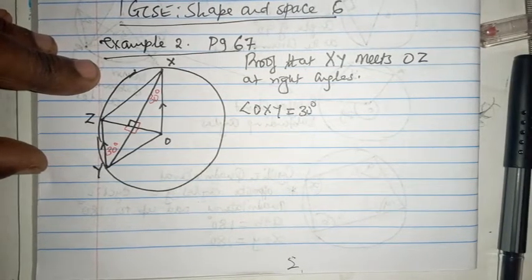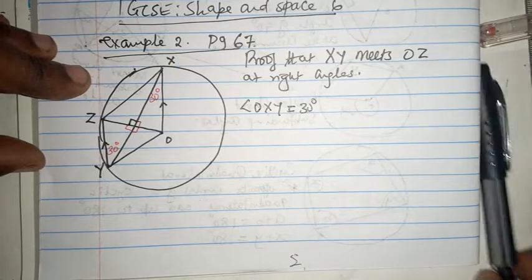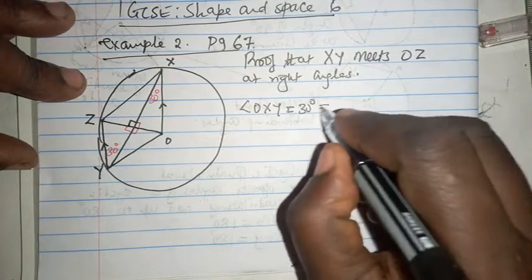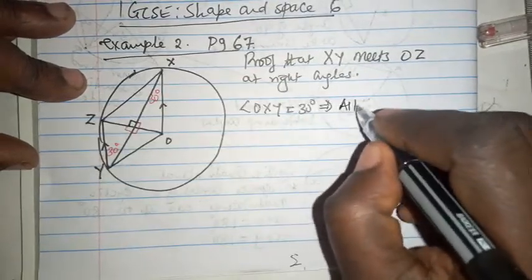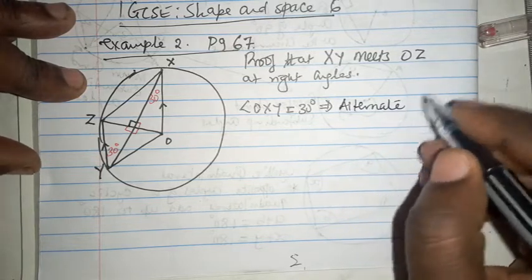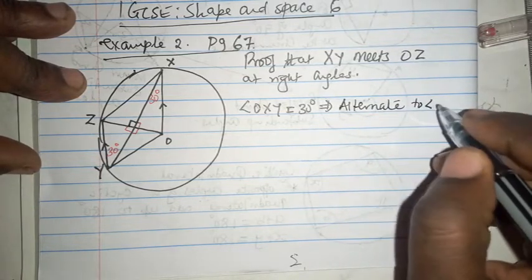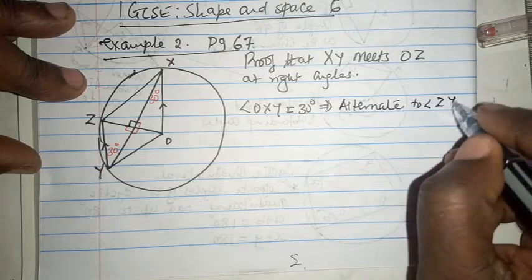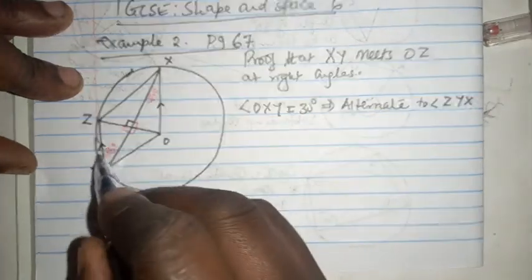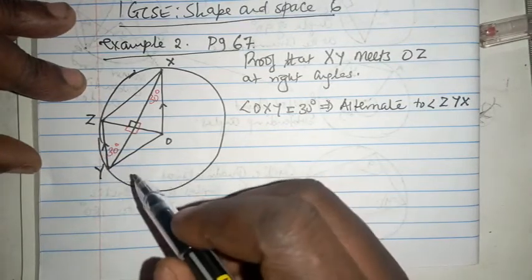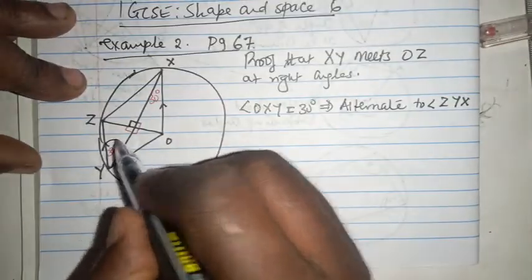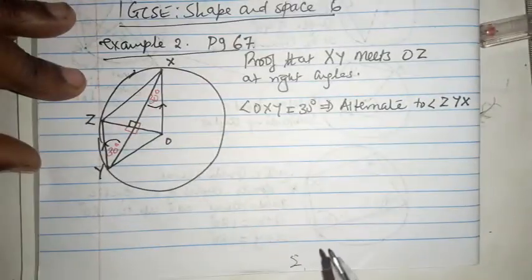Because they are alternate. The reason is it alternates to angle ZYX. Angle ZYX, the angle which is given 30 degrees, is alternate to angle OXY, that one and that angle, alternate angles.